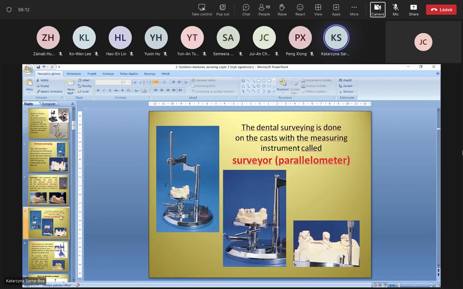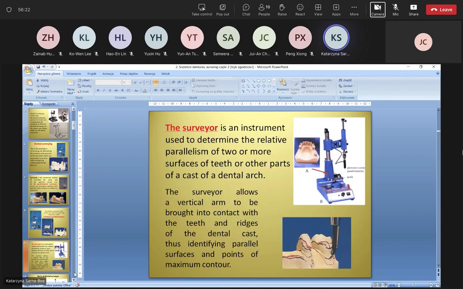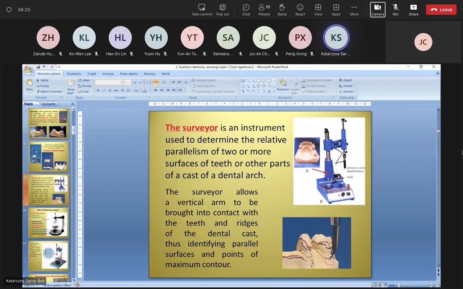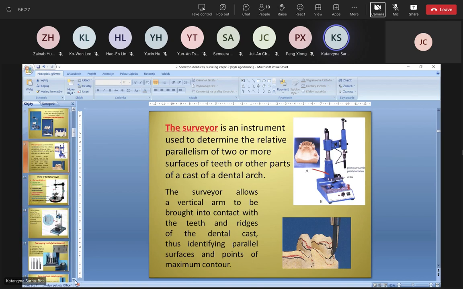Dental surveying is done on the casts with the measuring instrument called a surveyor, parallelometer. The surveyor is an instrument used to determine the relative parallelism of two or more surfaces of teeth or other parts of a cast of a dental arch.